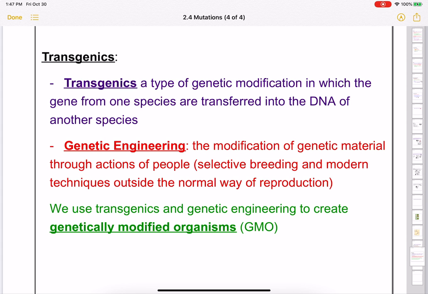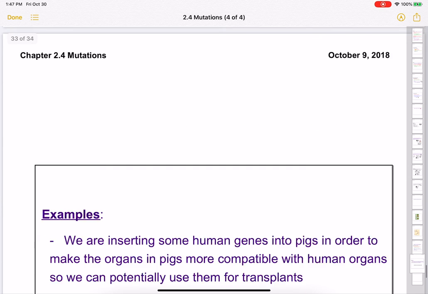So transgenics is putting DNA from one organism inside another, and genetic engineering is basically any sort of mating that we have modified from the natural way of reproducing in humans or animals or plants. We use transgenics and genetic engineering to create genetically modified organisms.